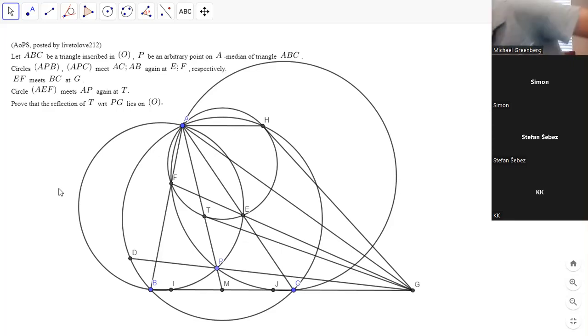All right, so we know quite a bit now. We know AH is parallel to BC, and we know GH and GT are tangent. Okay, so we just have to finish this.